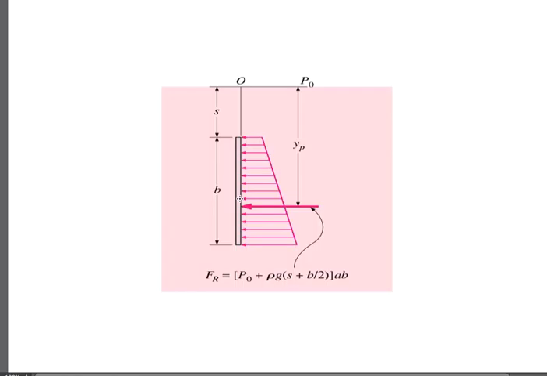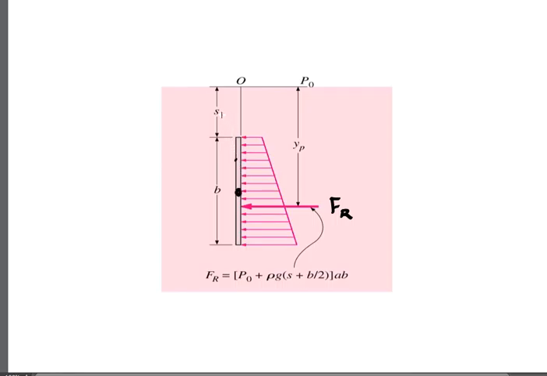Similarly, for a plate that is hung vertically to the surface of the fluid, you will have the pressure variation, and this is actually the resultant force. And as you can see, the resultant force is not acting at the centroid. The centroid is probably somewhere here.